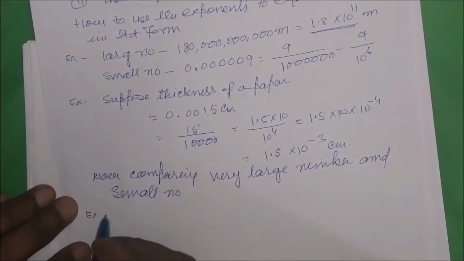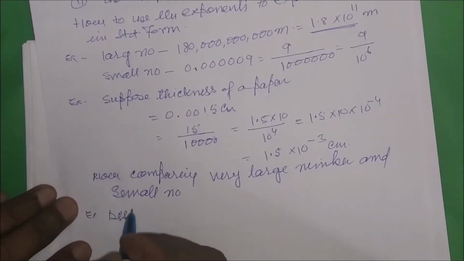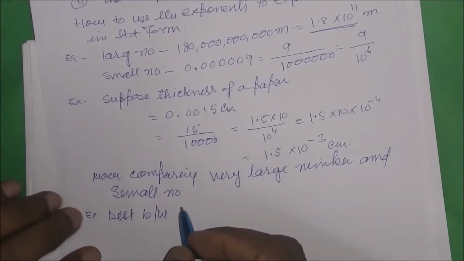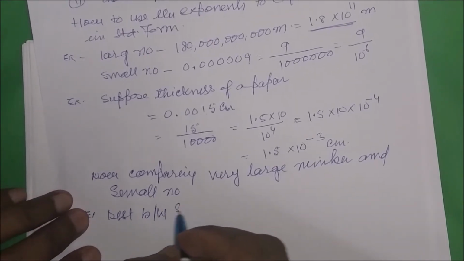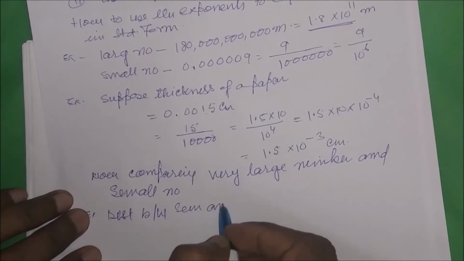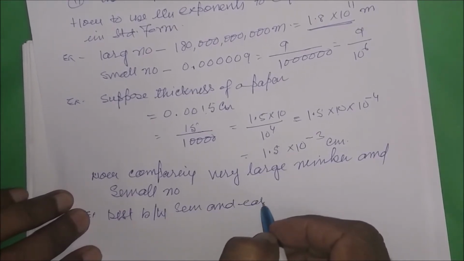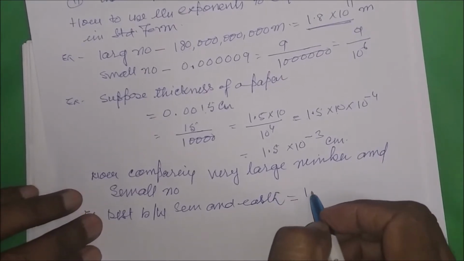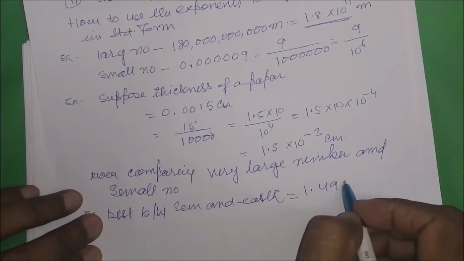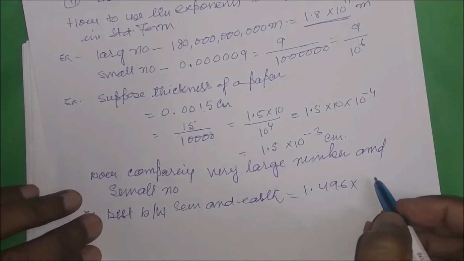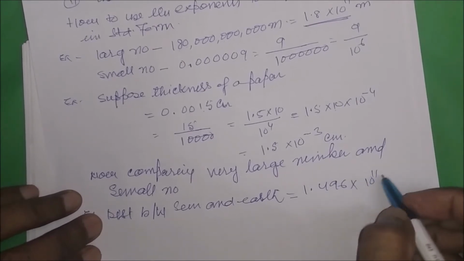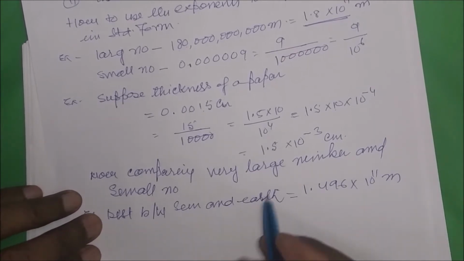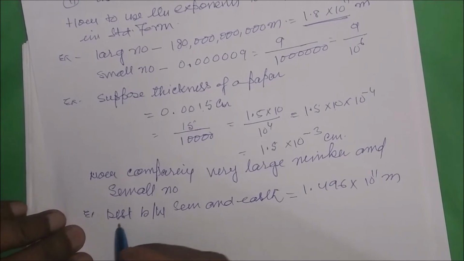See, one more example. Suppose the distance between sun and earth is equal to 1.496 into 10 to the power 11 meter, right? Now another example I am writing here.